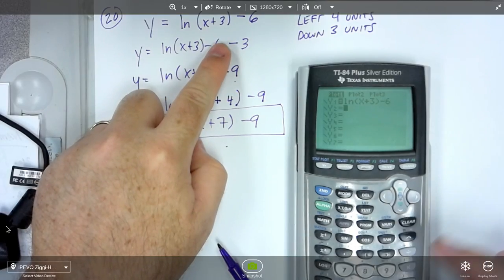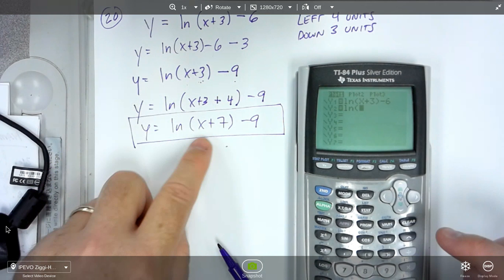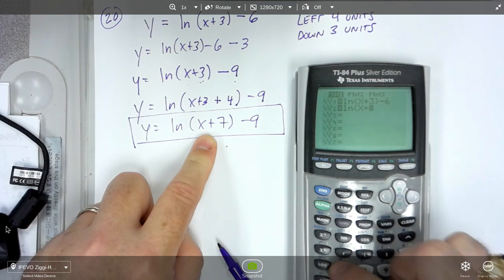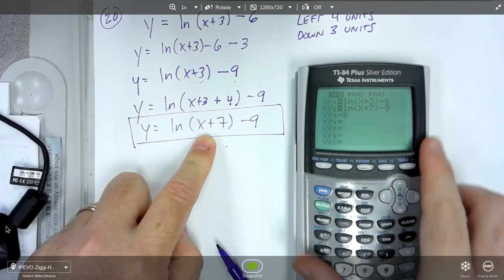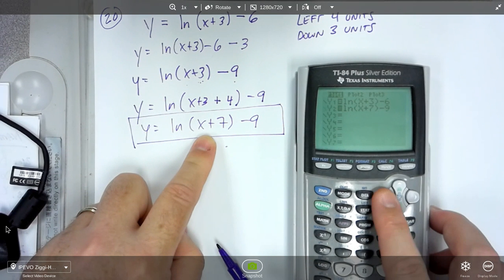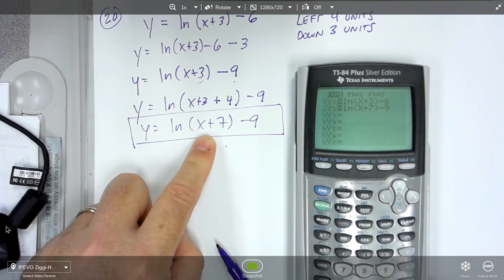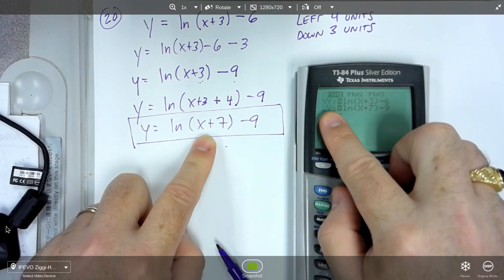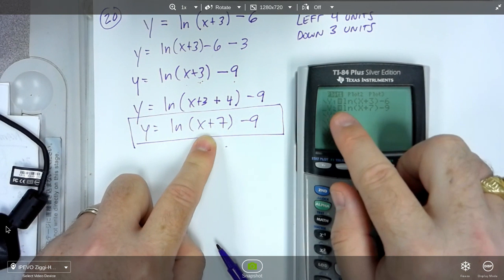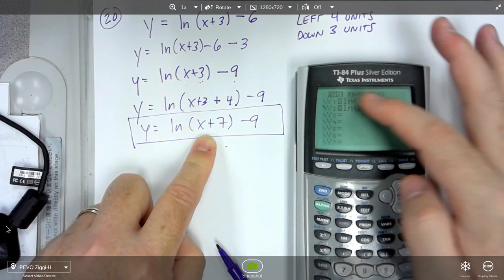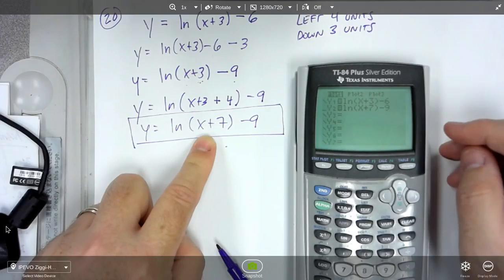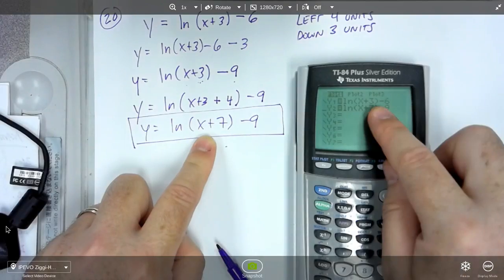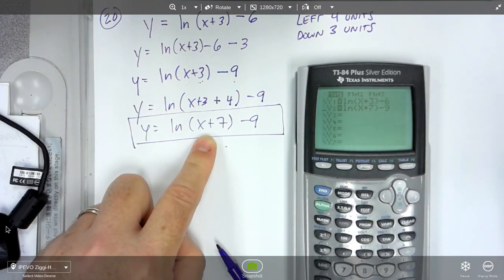And then the next one I'm going to do natural log of x plus 7 minus 9, okay? And I'm going to graph this one with a bold line. So my shifted function is going to be bolded, and the other one's just going to be regular, so I can tell which one is which, okay? So the bold one is the shifted one. The regular one is the original, okay?